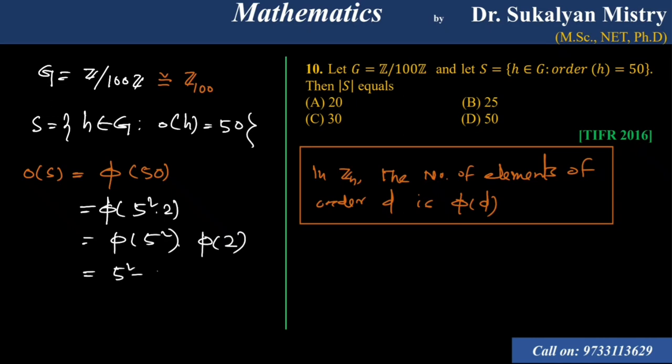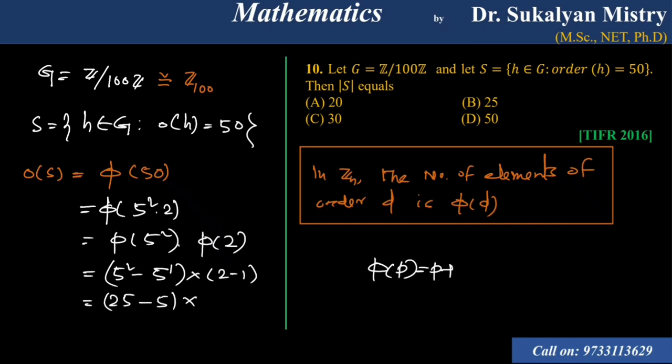So this is 5 square minus 5 to the power 1, and when p is prime, phi p is p minus 1. So phi 2 is 2 minus 1. Clear? So that is 25 minus 5, into 1. So that is 20. So the cardinality of S is 20.